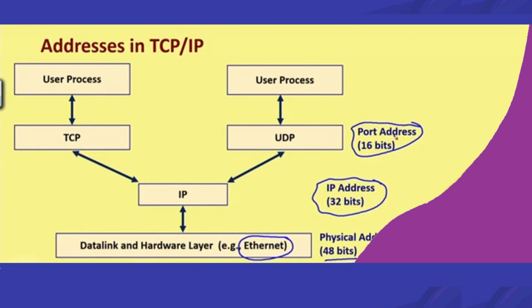So, this port address basically uniquely identifies one of the user processes or user programs running on a machine. IP address identifies uniquely the network interface, and the physical address, as I said, is a characteristic of the network interface card, and every network interface card has a unique network address.